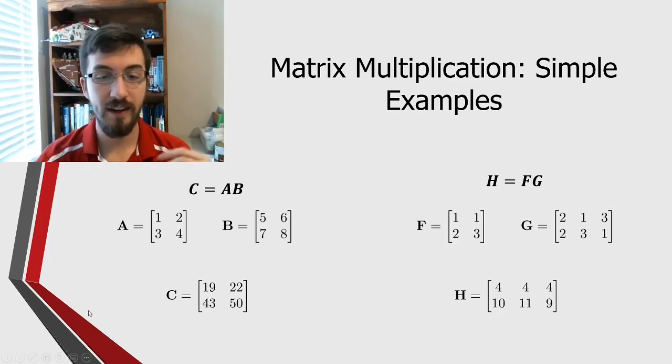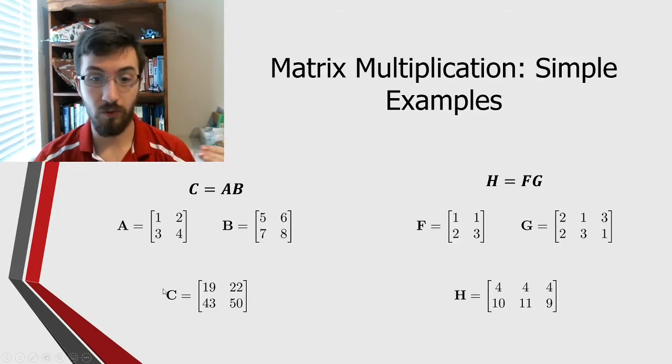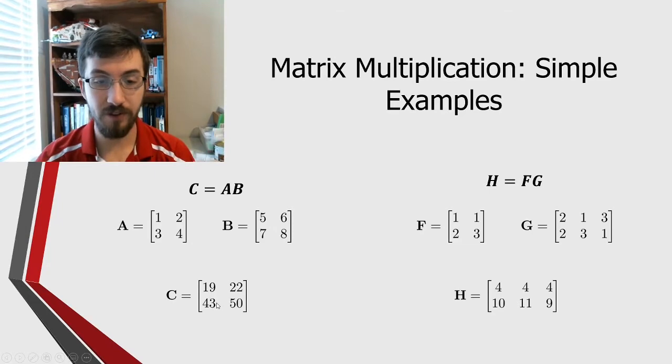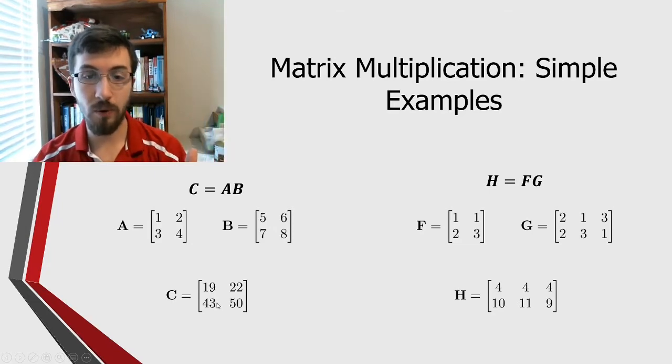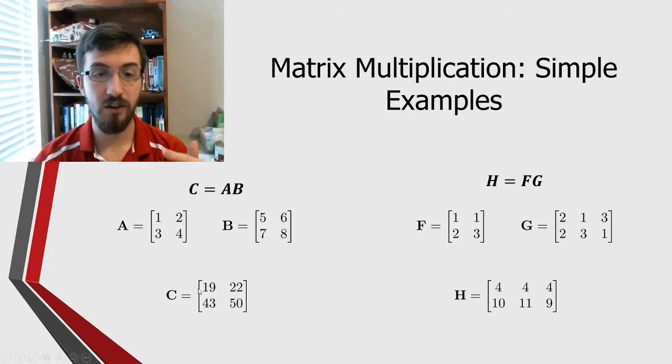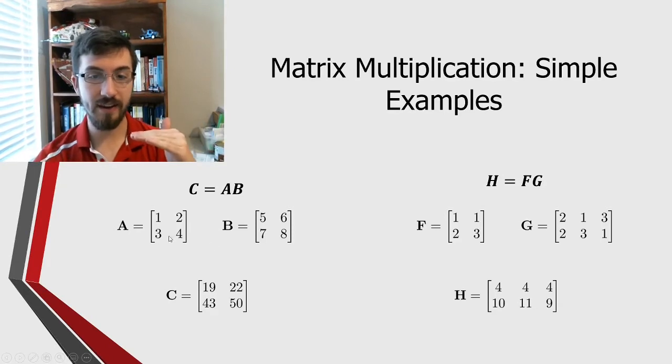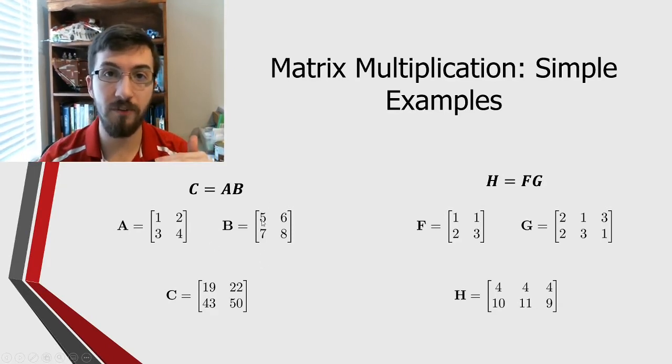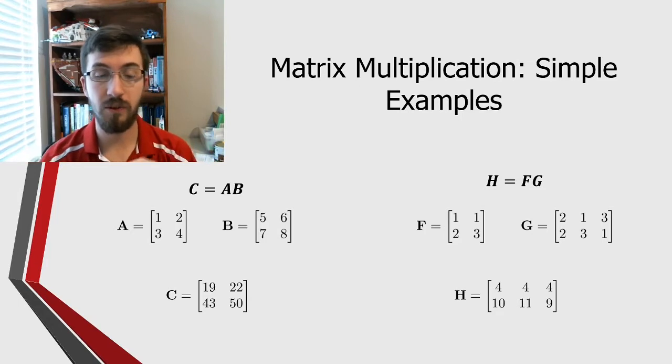All right? Then to get the third element of C, we have the second row and it's the first column. So we do the second row of A times the first column of B. So 3 times 5 plus 4 times 7. So 15 plus 28 gets us 43.